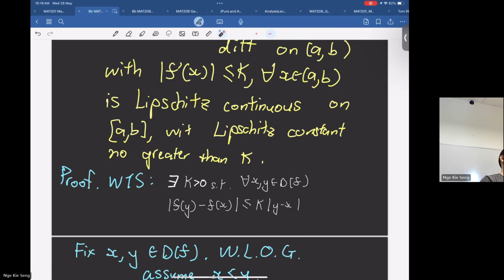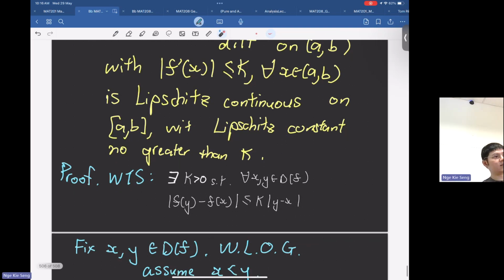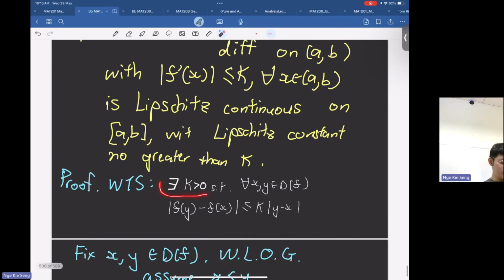Choose the constant. Let me think. You can do that, but I think in this context it doesn't matter. Sure, you need to choose k, and then you need to check for all these, but my claim is that this k is special, this k works for every point.